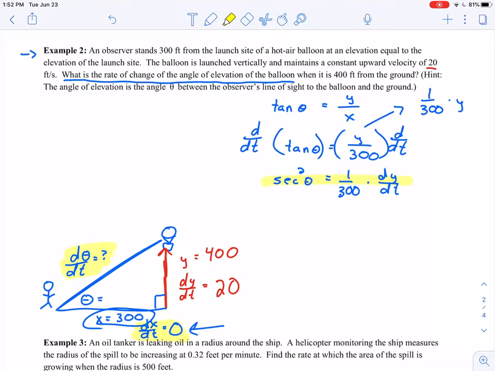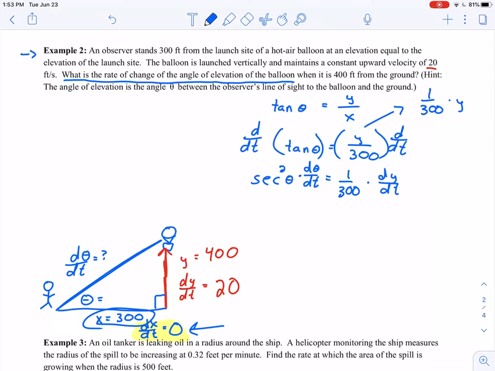I didn't even write d theta dt. So it's that left-hand side where I made my error. The derivative of tangent of theta is secant squared theta. That part was correct. But I forgot that we were taking the derivative of theta with respect to time here. So we want to multiply by d theta over dt.